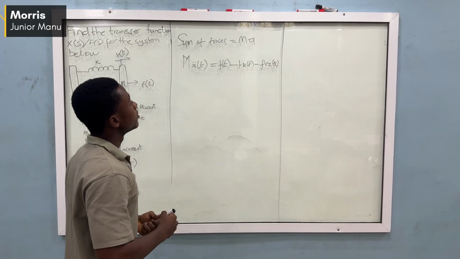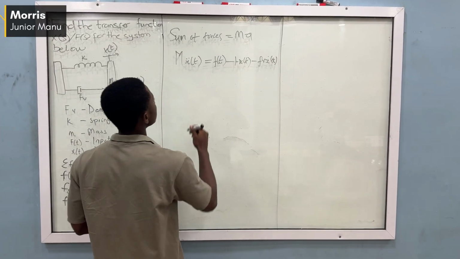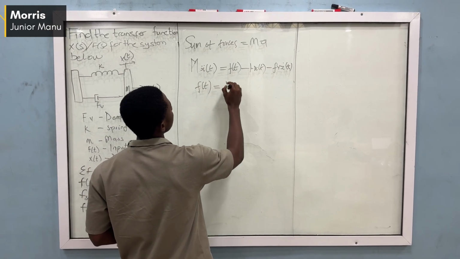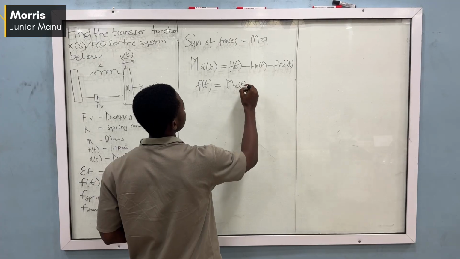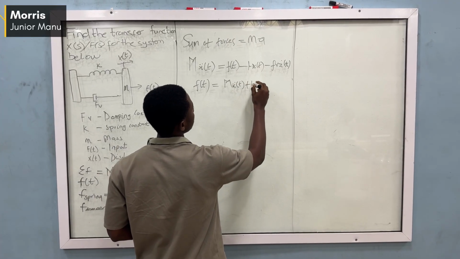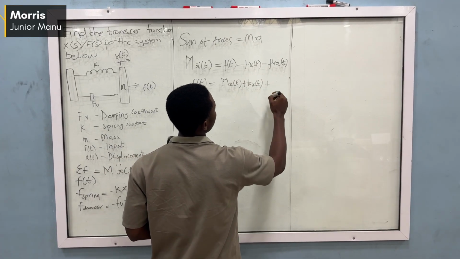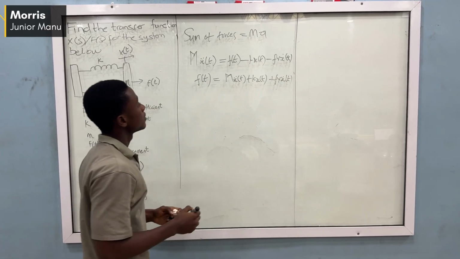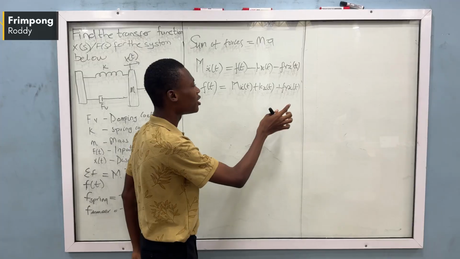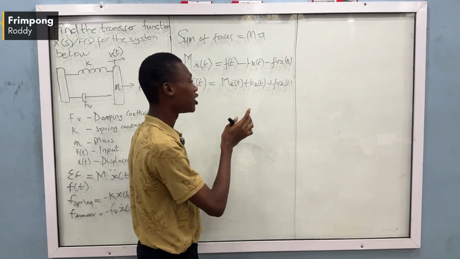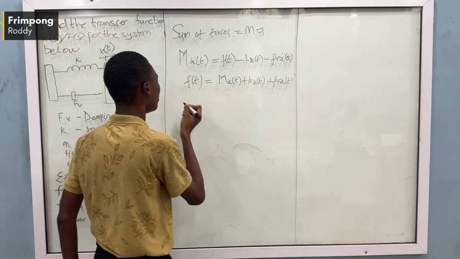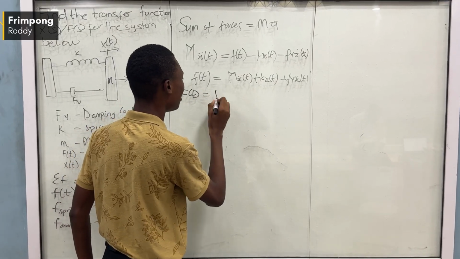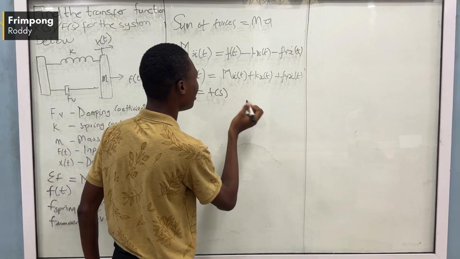Rearranging, I'm going to make f of t the subject. So we get f of t equal to m x double dot of t plus k x of t plus Fv x dot of t. From this expression, we are going to find the Laplace transform. So f of t will become F(s).